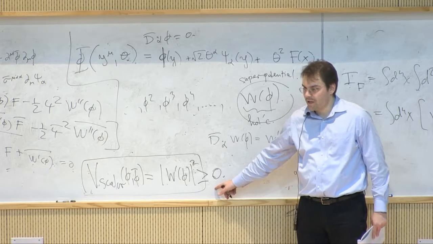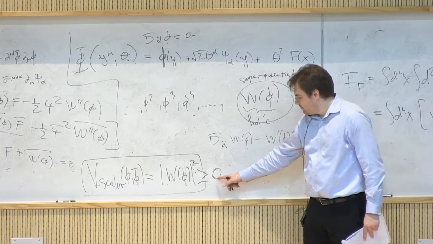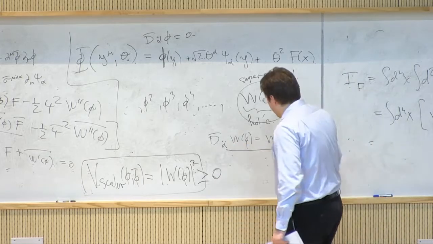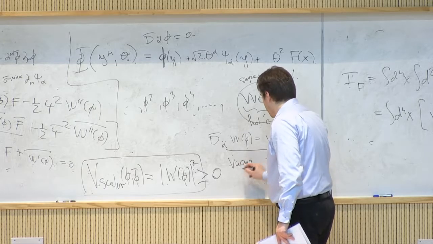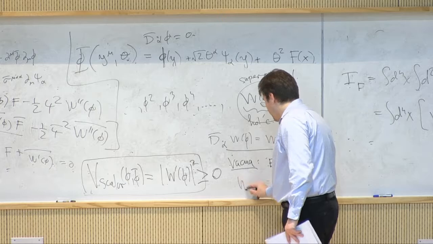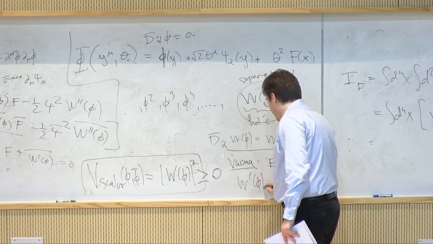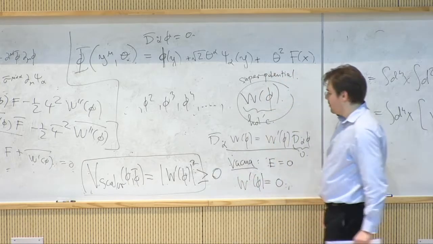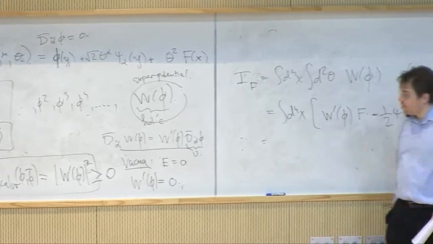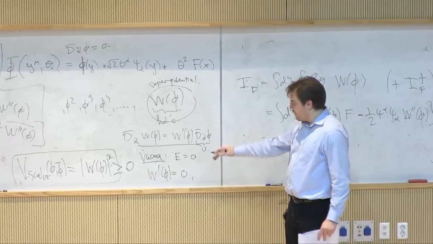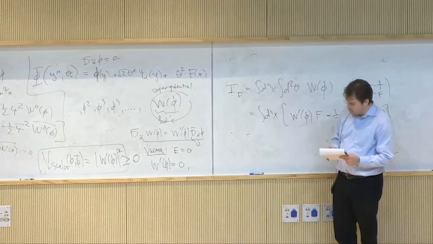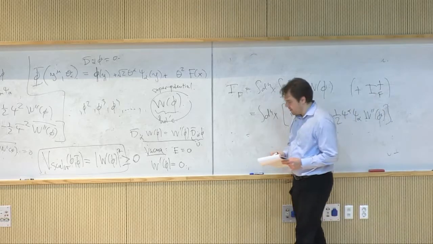If you have a positive potential, then the minima are going to be all at 0. So the vacua have 0 energy and are determined by the equation W prime of phi is 0, which is a nice holomorphic equation. So even though the whole potential isn't holomorphic, finding the vacua involves just solving some holomorphic equations. And moreover, the vacua have exactly 0 energy.